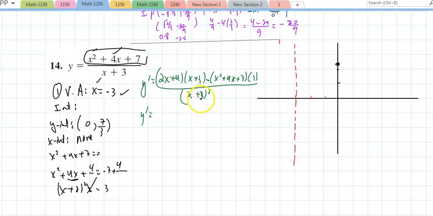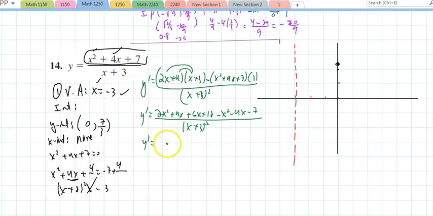So now I really have to clean this. I have no choice. That is 2x squared plus 4x plus 6x plus 12 minus x squared minus 4x minus 7. A lot of work.